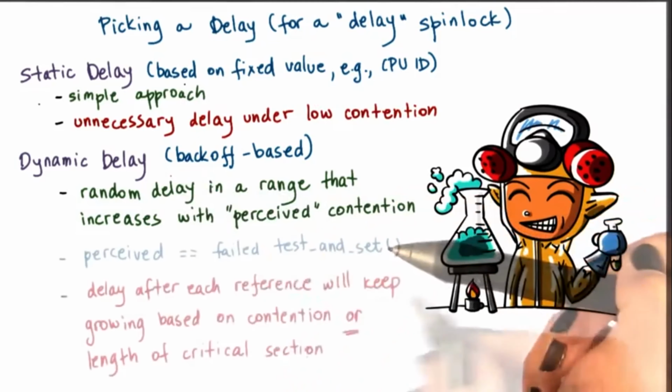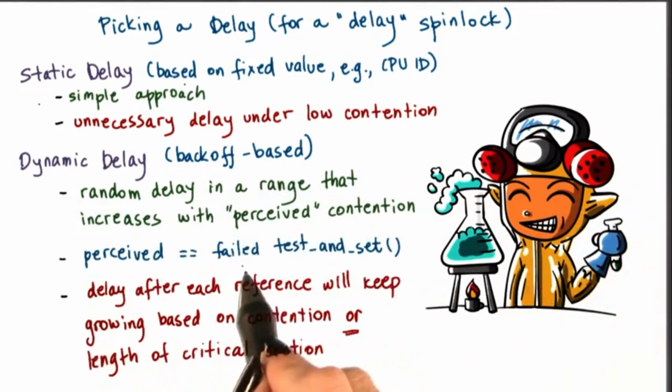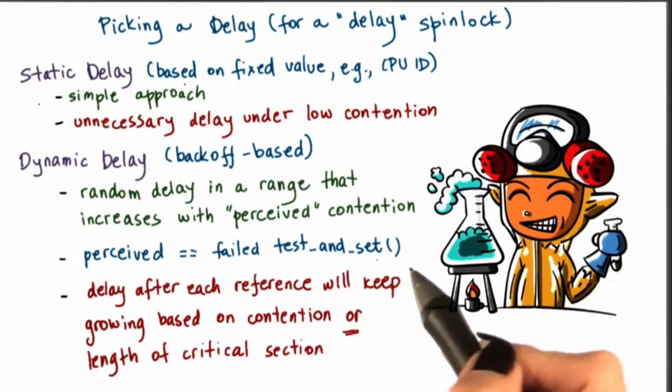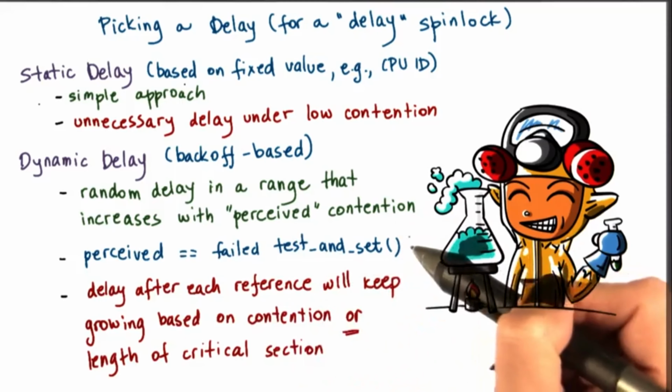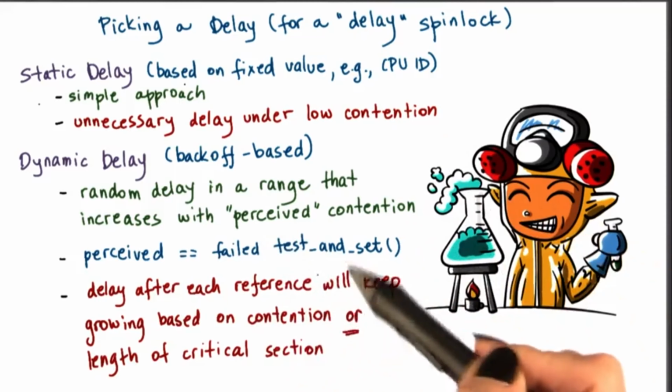A good metric to estimate the contention is to track the number of failed test and set operations. If a test and set operation fails, the more likely it is that there is a higher degree of contention.